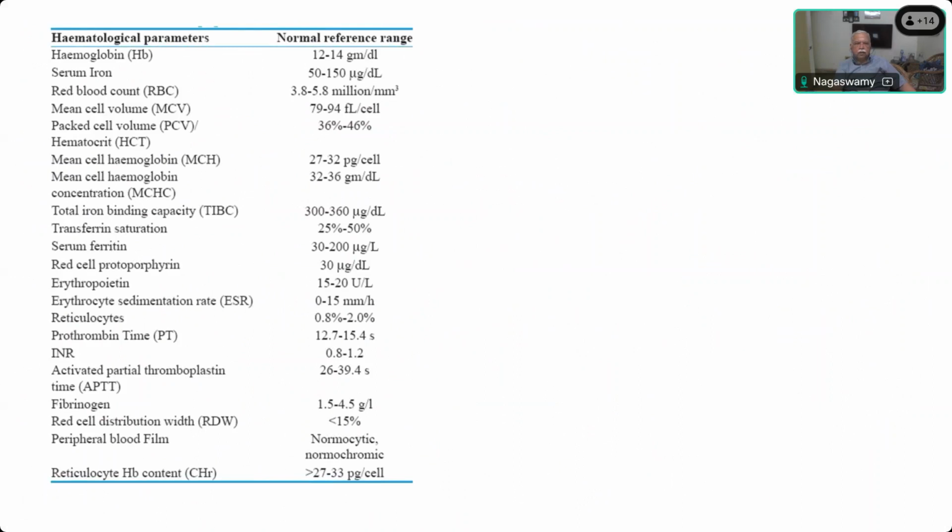The hematological parameters which have to be checked in an anemic patient are hemoglobin, serum iron, red blood cell count, then all the details about the RBCs like MCV, PCV, hematocrit, MCH, MCHC, PBC, transferrin. All these investigations are required to make a detailed investigation of any anemic patient.